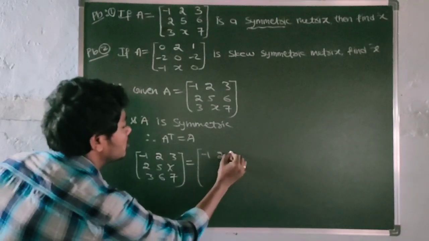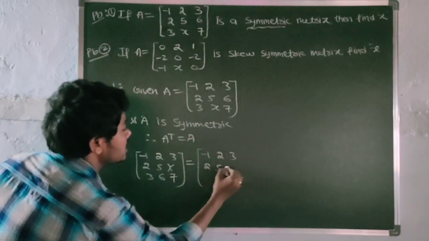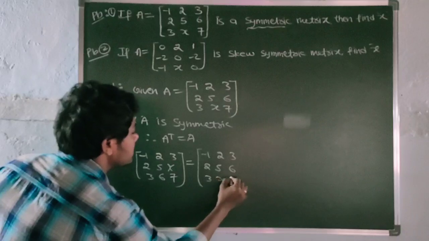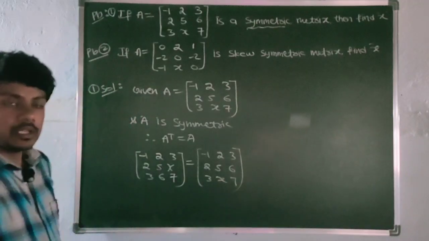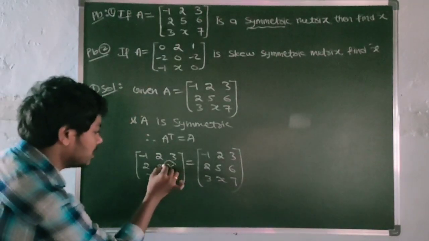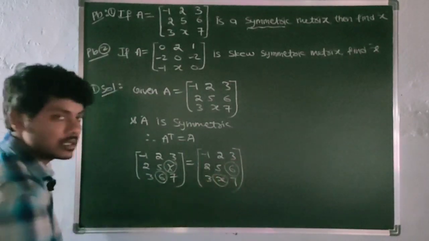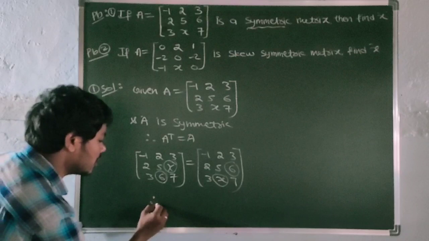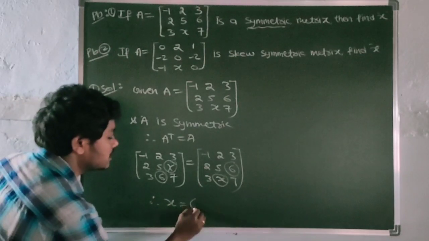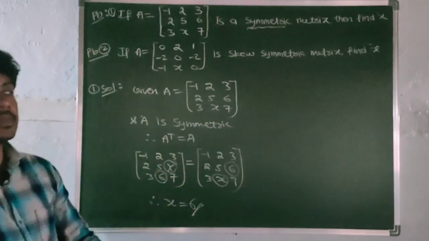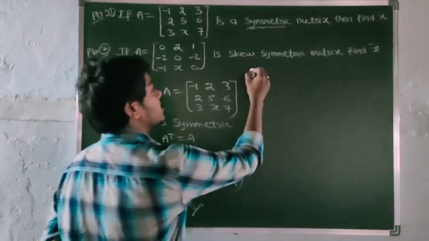Minus 1, 2, 3, 2, 5, 6, 3, X, 7. So now comparing the corresponding elements, here X, here 6, here 6, here X. So therefore, what is the X value? 6. Okay.